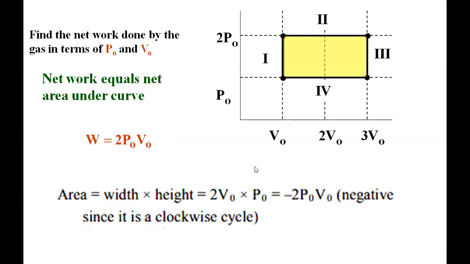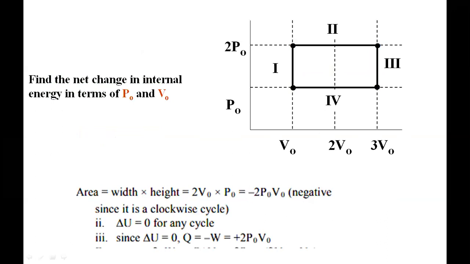So we have the width 2 V naught from here to here, multiplied by the difference, whose height is P naught. Then we have minus 2 P naught V naught. Why is it negative? Because it is a clockwise cycle, going clockwise from 1 to 2, 3, 4. Okay.